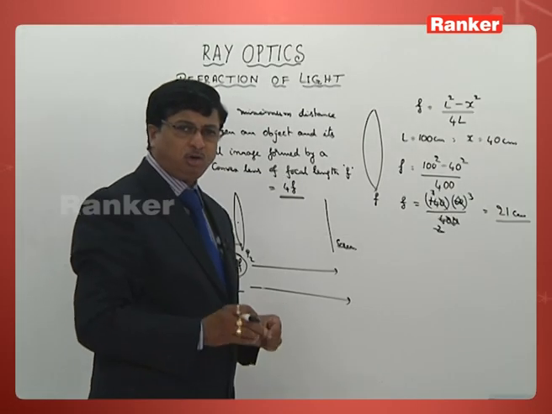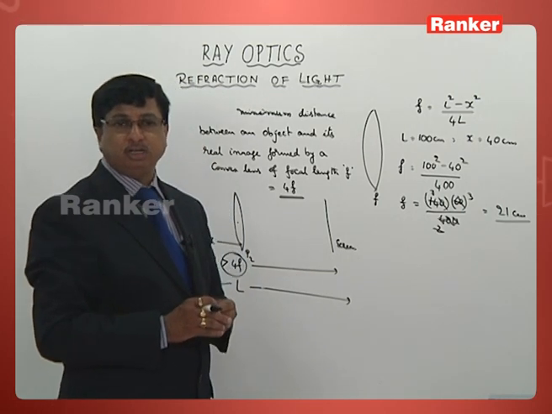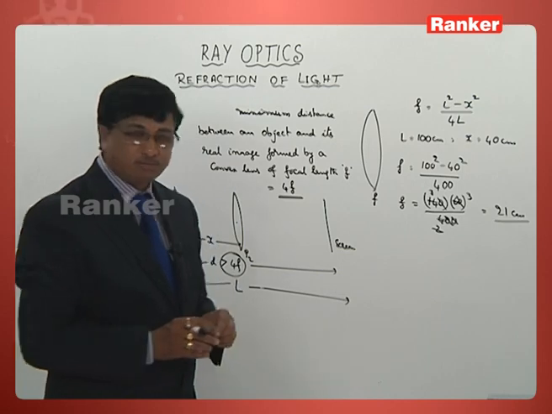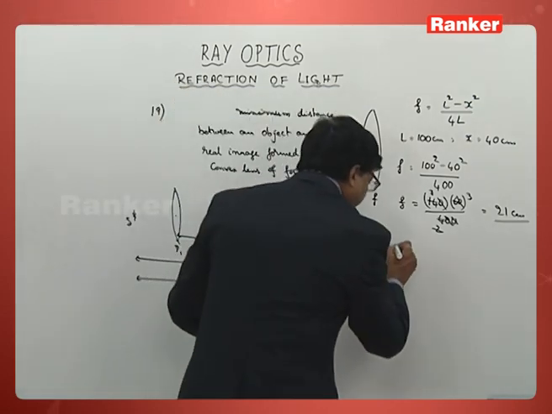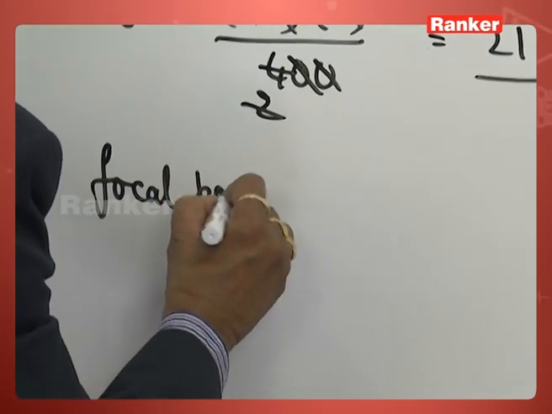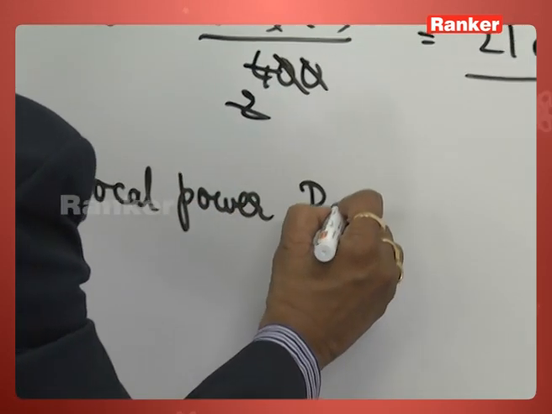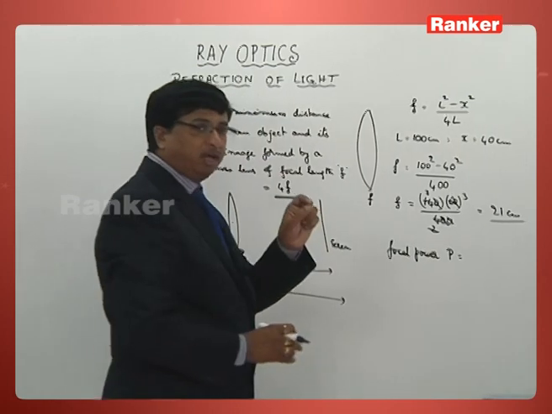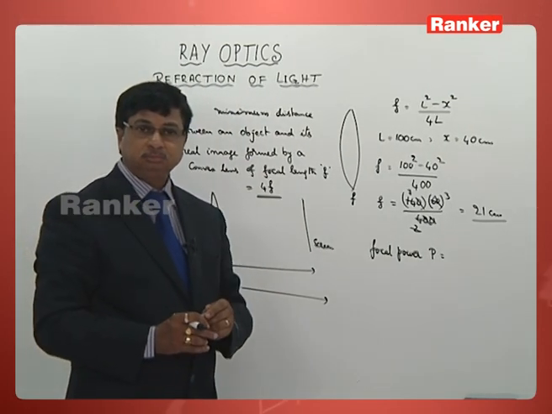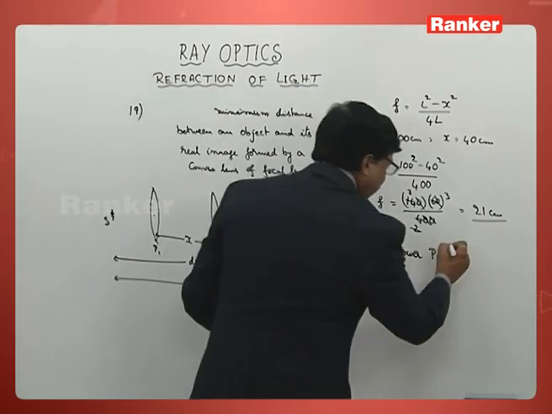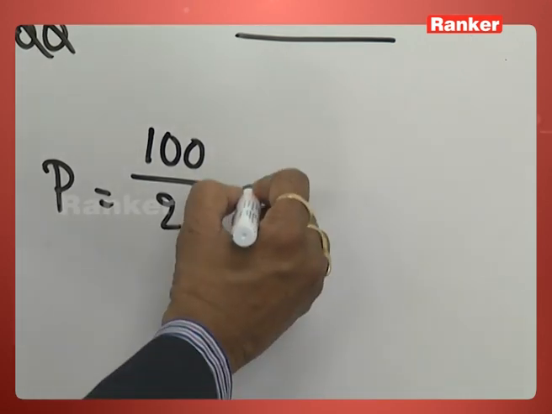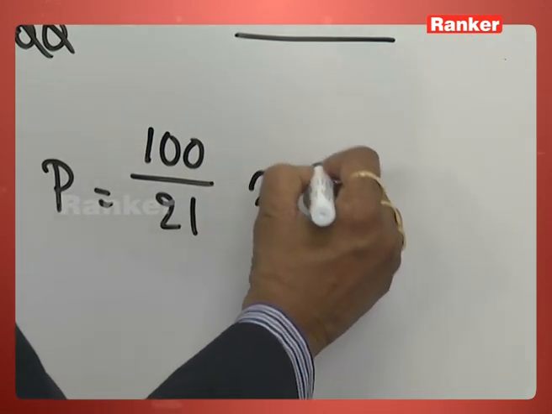But in fact, I don't want the focal length to be calculated in this problem. What is focal power? He is asking you the question. So focal power P can be written as 1 by focal length taken in meter. You can directly write the same this way, 100 by 21. So it is nearly 5 diopter.